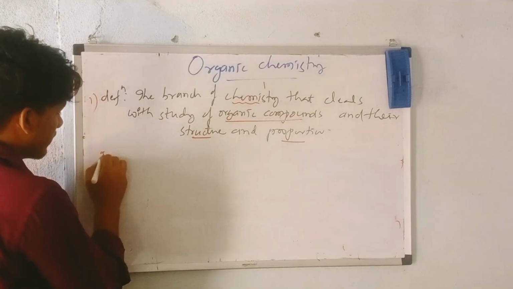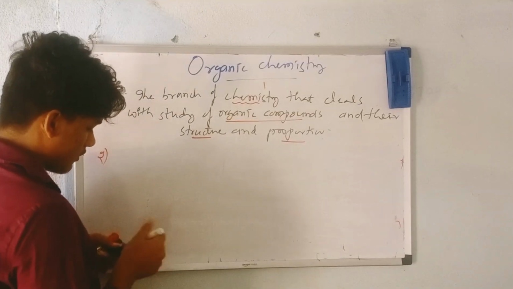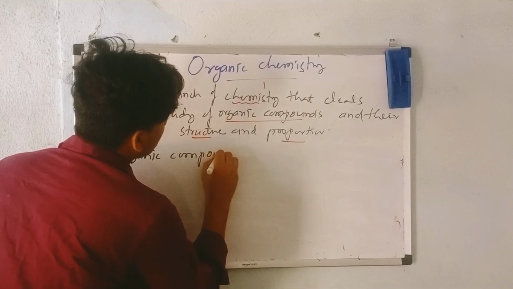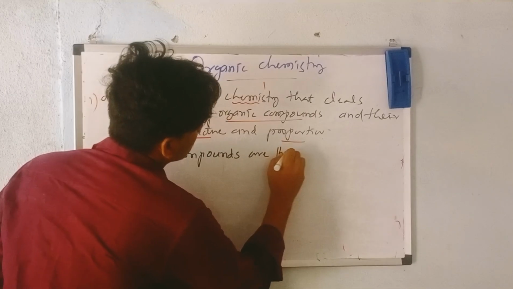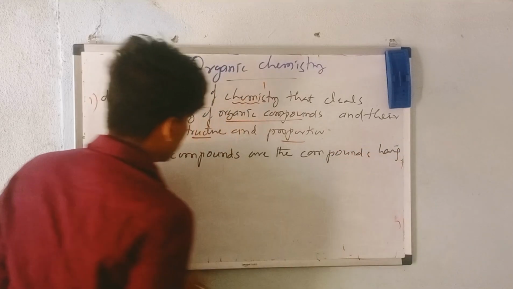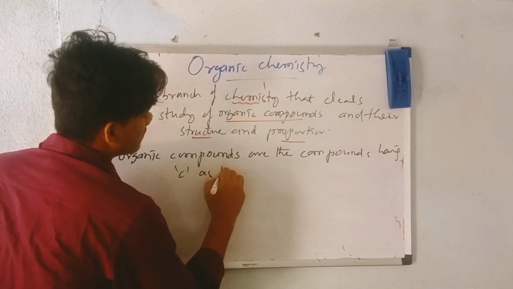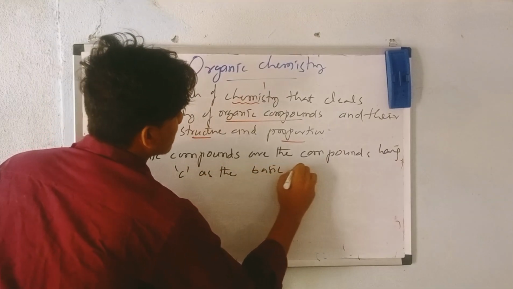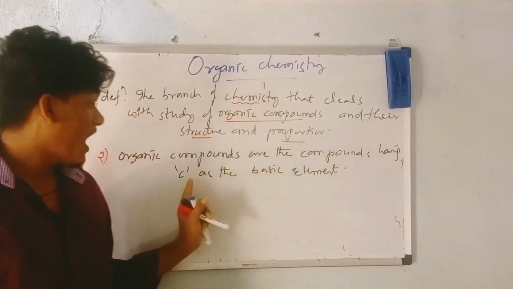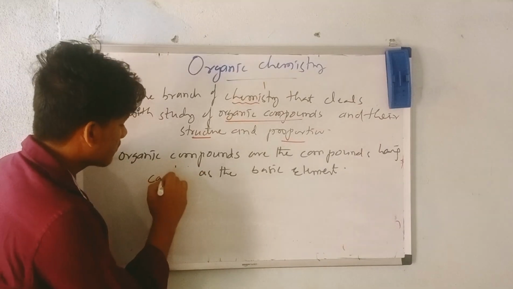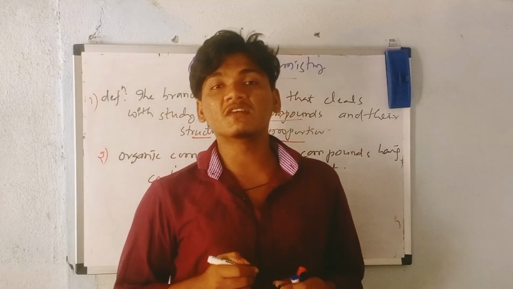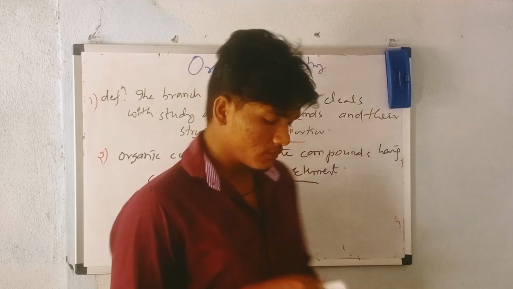So the second point: organic compounds are the compounds having carbon as the basic element. The compounds which have carbon as the basic element are called organic compounds.